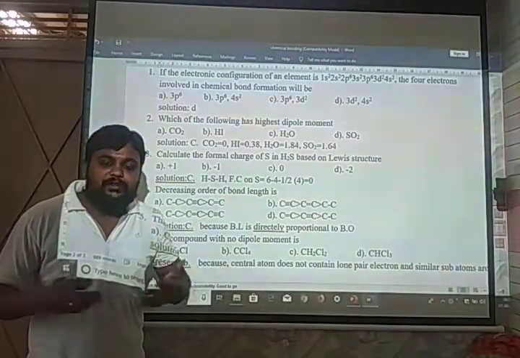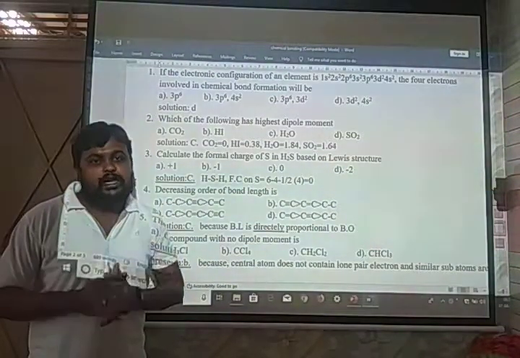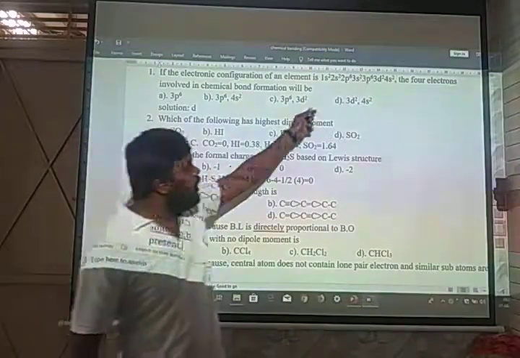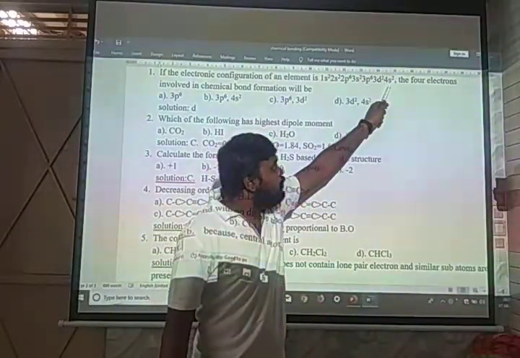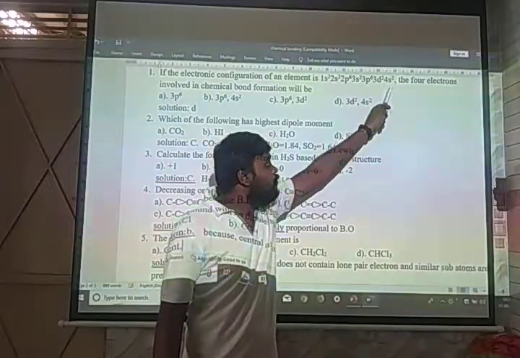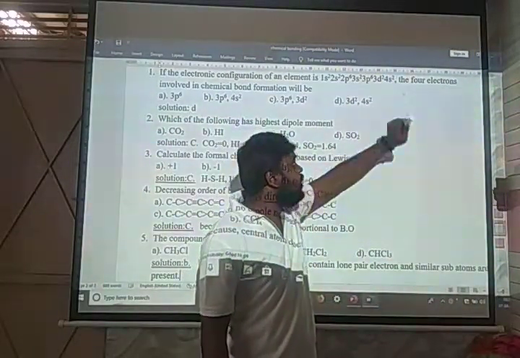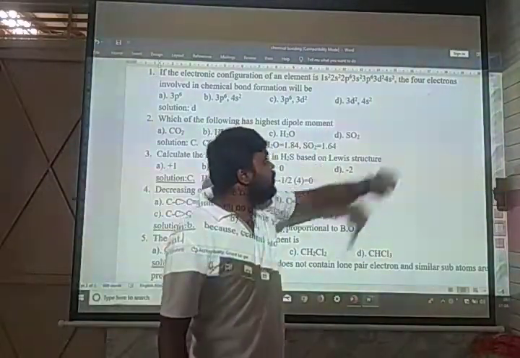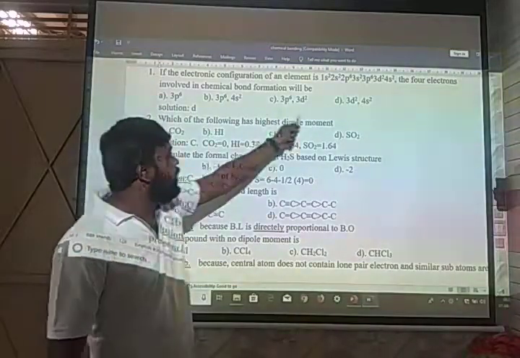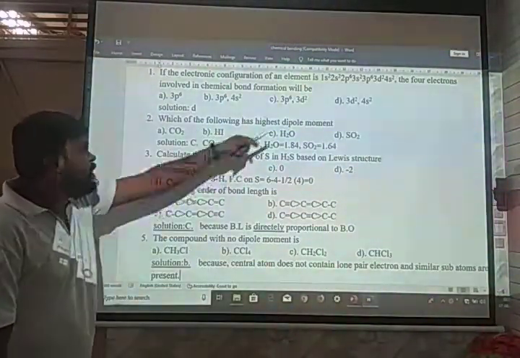So in this electronic configuration, the valence electrons present here are 3d2 and 4s2. In the 3d orbital we have 2 electrons. In the 4s orbital you have 2 electrons. 2 plus 2, total 4 electrons. So they have also given 4 electrons. Hence the option here will be D. So having 3d2, 4s2, this is the right answer here.